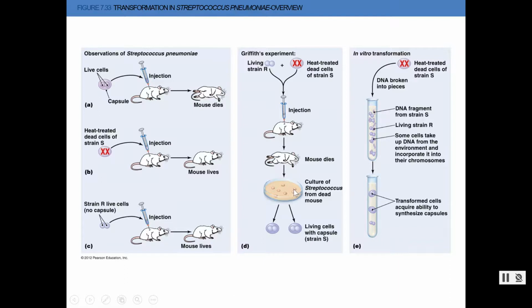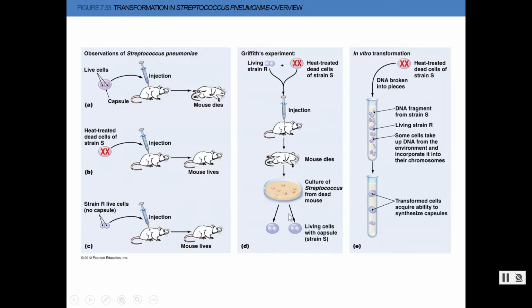So a couple of different thoughts. Maybe they took the capsules from the dead ones and just kind of appropriated them. But the numbers were too big. We had too many bacteria making capsules. So they had to take the instructions from the dead strain S, the instructions on how to make a capsule, and incorporate them. And now they have the ability to make a capsule. So that's what he found out.